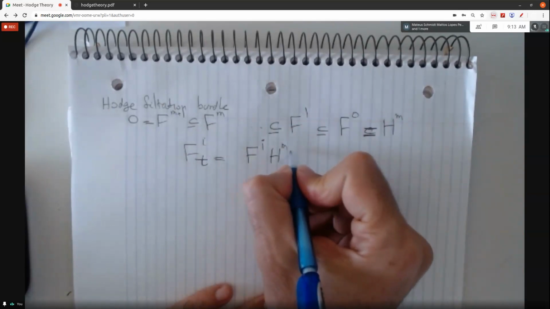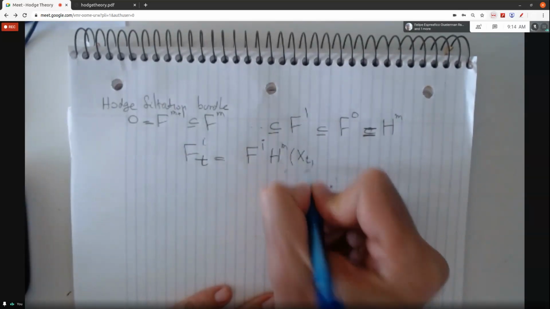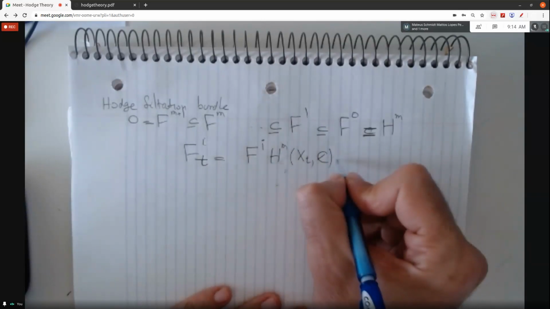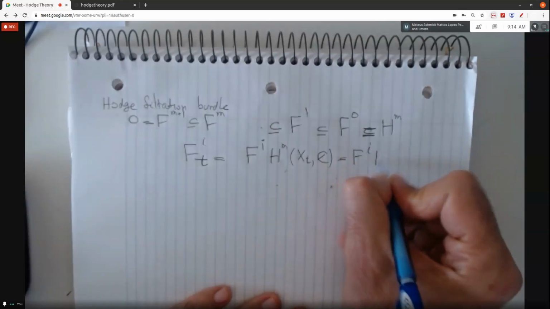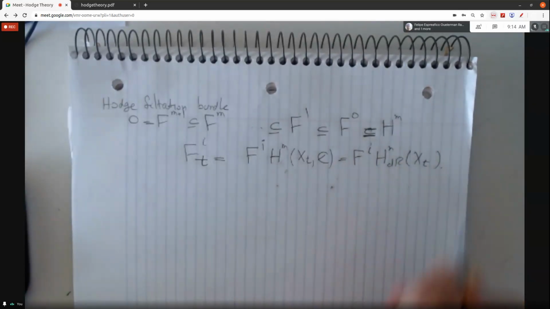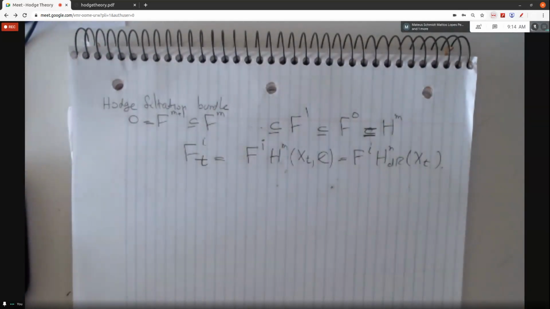Let's for the moment use the usual de Rham cohomology of X_t, which is the same. This is the same as F^i H^m de Rham of X_t. And again, I don't know if it will help so much for our computational purpose.